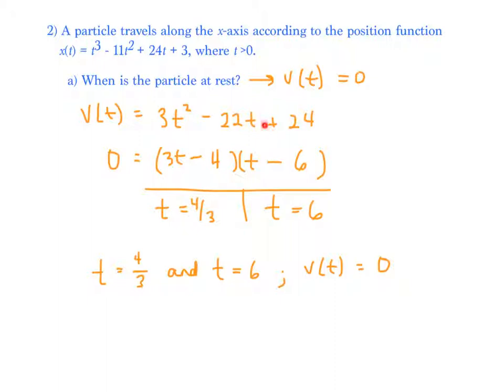But because this was plus, both of my signs were going to be minus. So that helped me out a little bit. And then I went through the different options until I got 4 and 6. Then I t-charted and got 4/3 and 6. So t equals 4/3 and t equals 6 is my conclusion. That's my answer. And then, of course, I need a justification, and that's because velocity is equal to 0 at those times.